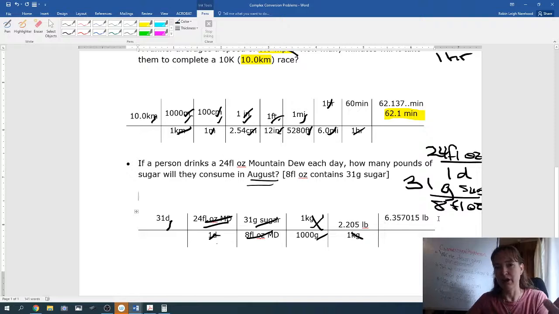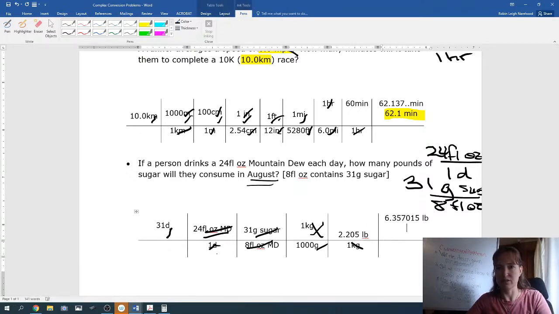And so I'm just going to round to 2 significant figures. Usually it's going to be more obvious than that. But 31 days is not a time measurement, it's counting of a day. And so 6.4 is what you would round to, and then your unit is pounds. So the 10th place is your second digit, and so you're going to round up because the 5 comes next.